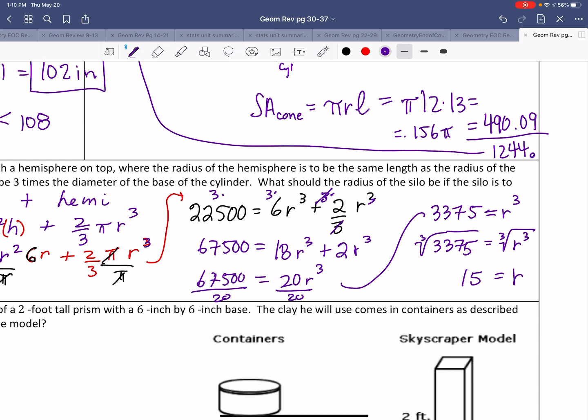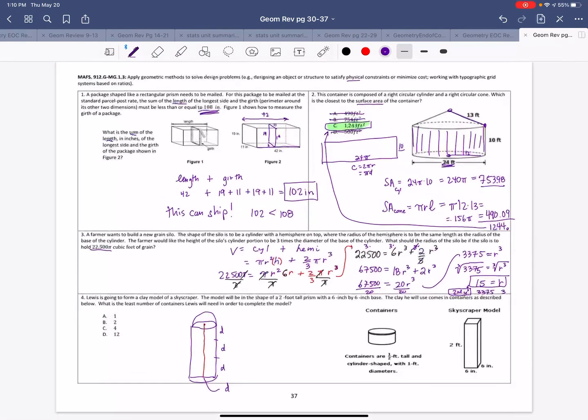On the green calculator, you would hit second y to the x. And so you'd put in the number 3375 and then second y to the x, and then hit the number 3 to tell it what root you would want. But you have to hit second to get that cube root. All right, and my answer is 15.